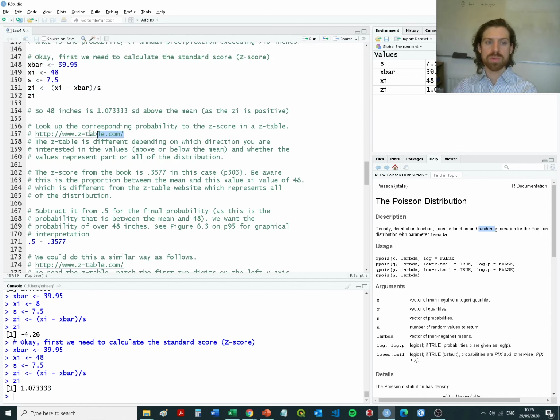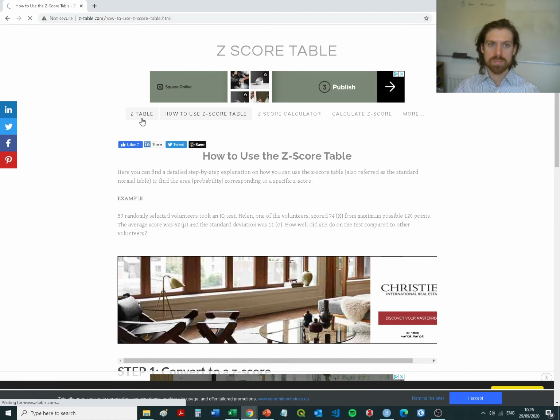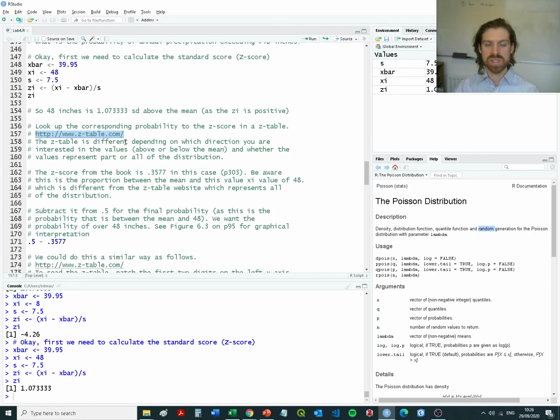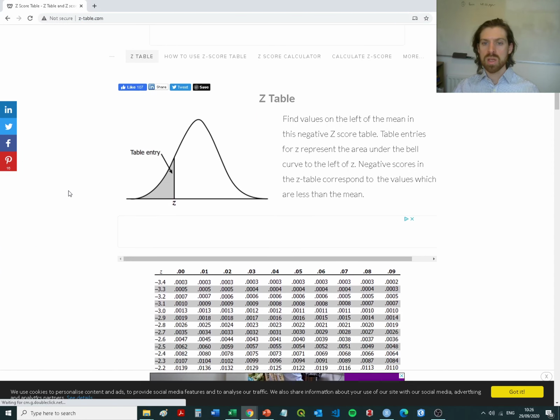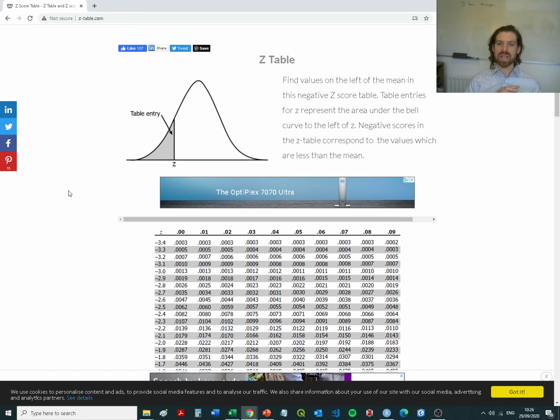Now we are able to look up the corresponding z-score. So we could use a z-table. So if we go here, this is the hyperlink that I've just pasted here. Now what's important when you interpret these values is you think about what the numbers in the table are representing.